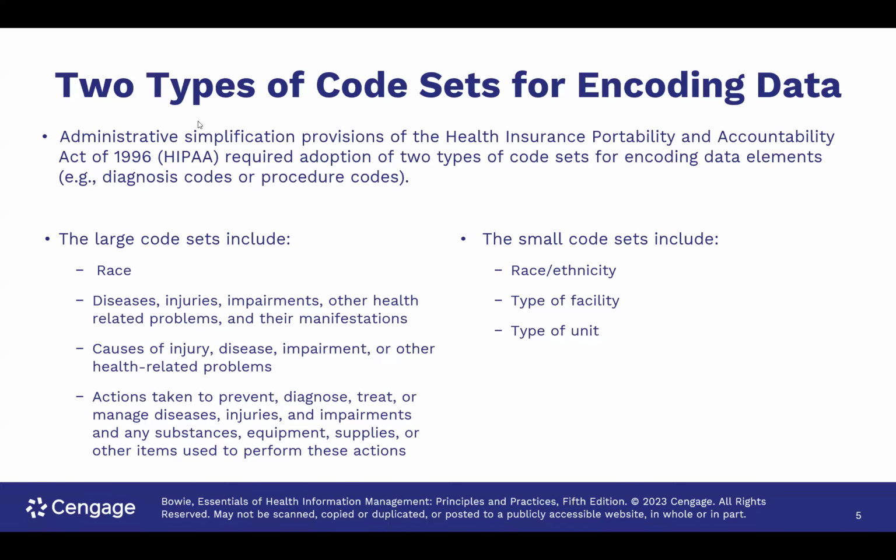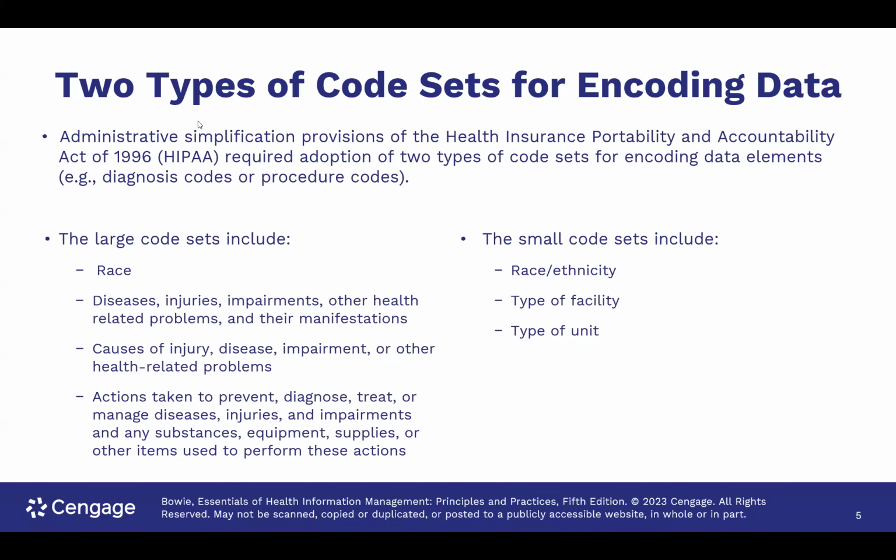So when we talk about code sets for encoding data, we're talking about two broad types of code sets. The large code sets include diseases, injuries, impairments, other health related problems and their manifestations, the external causes of injuries, accidents, shootings, what have you, right?